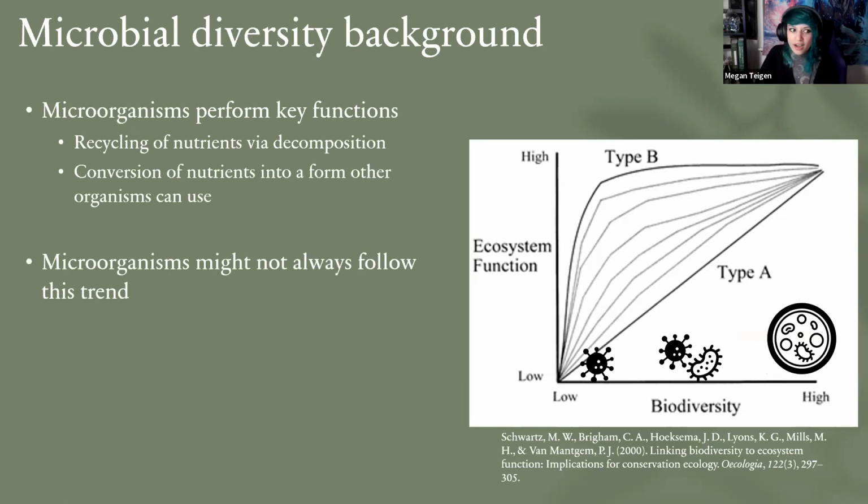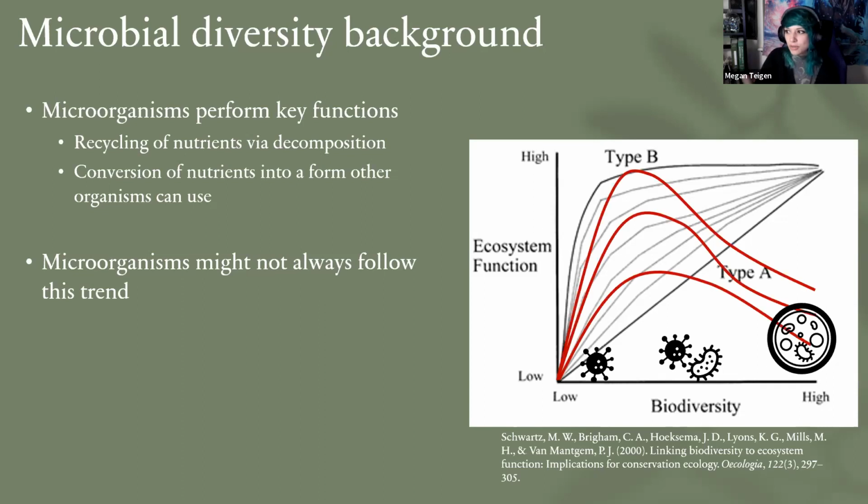But what we find, interestingly, is that microorganisms don't always follow this high biodiversity, high ecological function trend. This concept overall is pretty understudied, but what we're sometimes finding in these systems is that high biodiversity in bacteria does not always mean the highest ecosystem function.